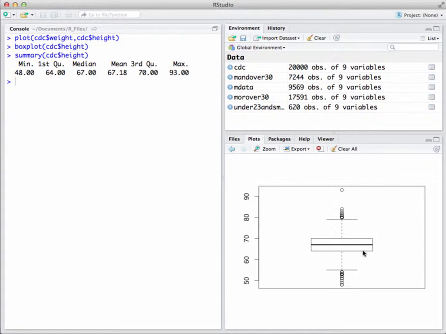So we took 1.5 times that number and made that a measuring stick and measured from here to here. And so this distance from here to here is 1.5 times the interquartile range on both sides. And any value that falls outside of the last data point that falls within those intervals is considered to be a suspected outlier.